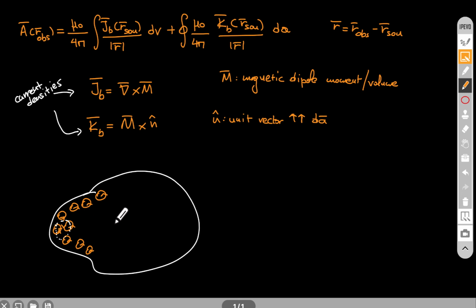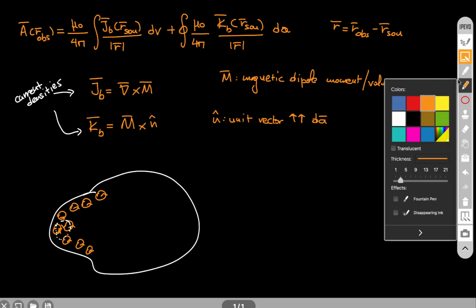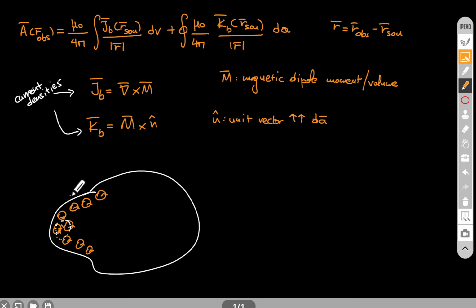If all the magnetic dipoles are the same, then what is left are all the currents that we have on the surface, and those are not flowing in canceling directions. Those are all flowing in the counterclockwise direction, the way that I drew these magnetic dipoles. This will give rise to your surface current density. So this will be your K_B.